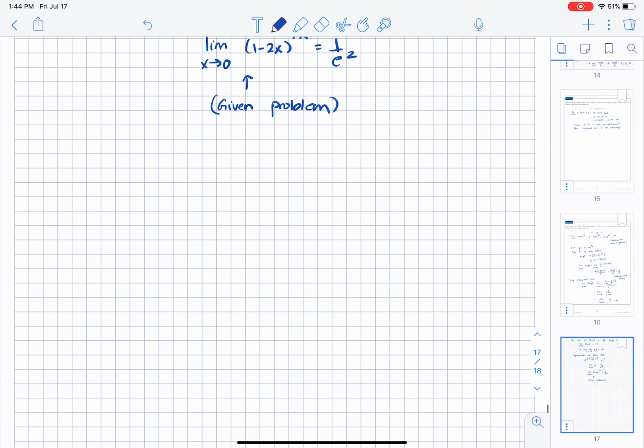So to summarize, if we have 0 over 0 or infinity over infinity indeterminate forms, we directly use L'Hopital's rule.